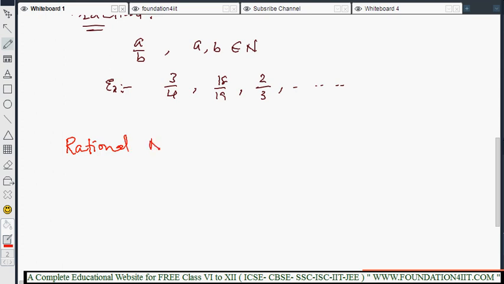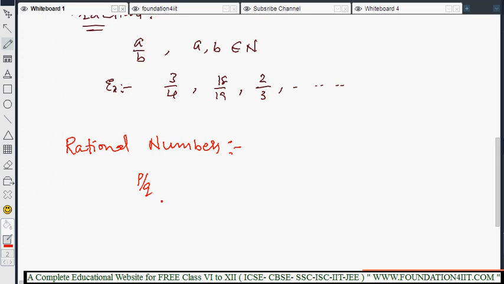In rational numbers, the numbers can be expressed in the form of p by q. This is a little different from fractions, and I'll give clarity about that.